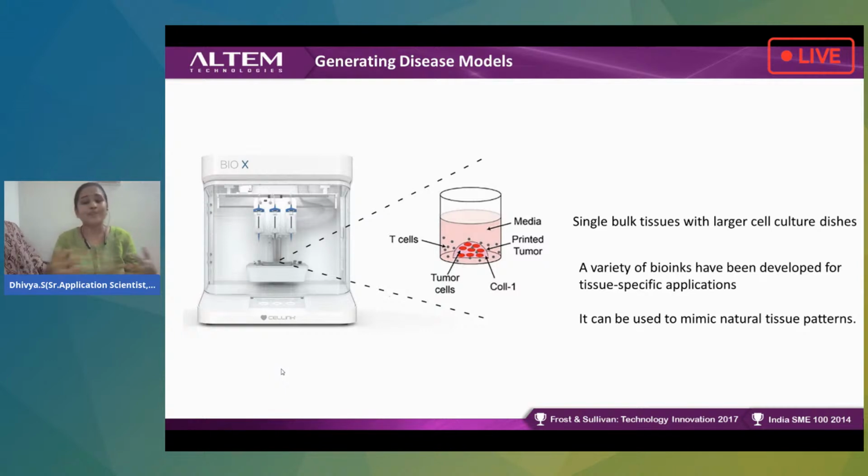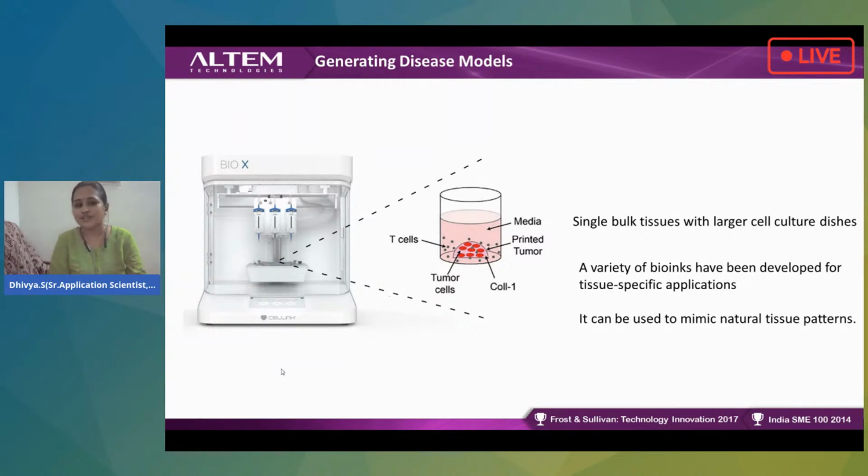And there are ready-made bioinks also available for sale that you can buy, which are optimized and have good physiological and rheological properties. This bioink is going to better mimic natural tissue patterns. I explored more about the bioinks in a previous session. Please follow us in the biotechnical and atom technologies to know more about why the bioinks are important.